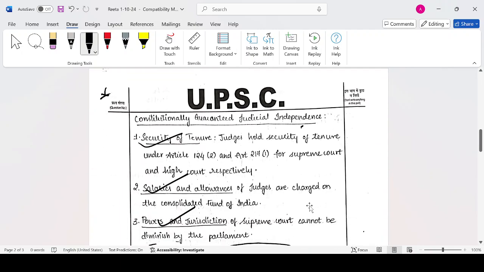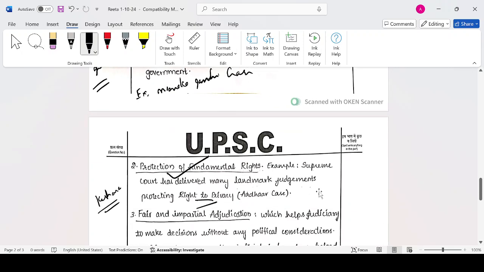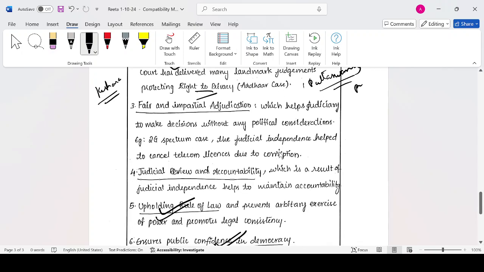And further, we need to mention examples: right to privacy, the Puttaswamy case, which is related to privacy, free and impartial adjudication, and judicial review accountability.